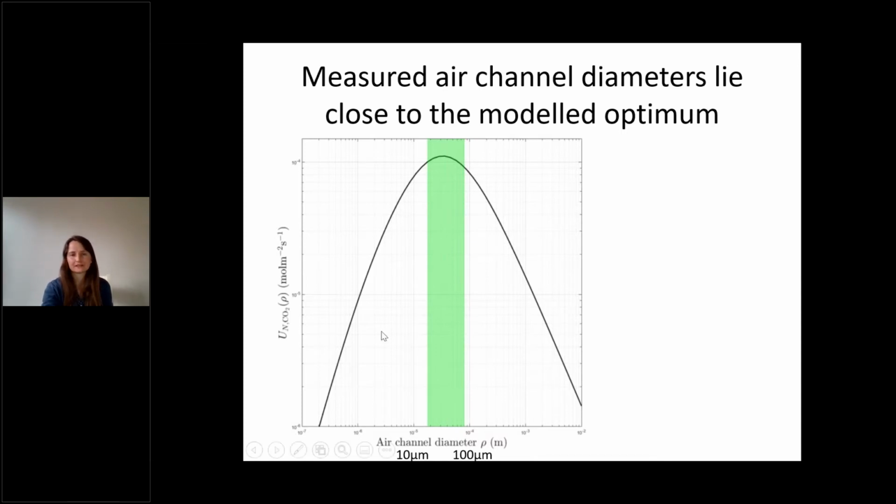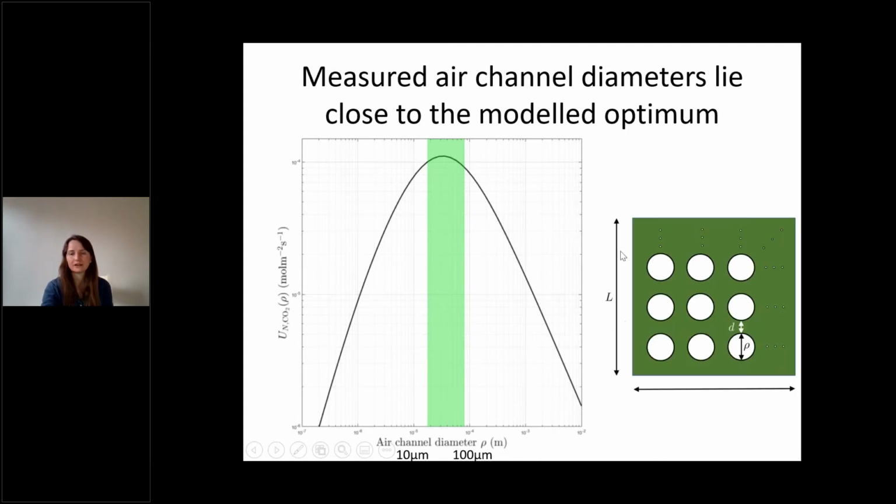So thinking first about just the shape of this curve, and looking back again at this diagram, there is something quite intuitive here. What we're seeing is a trade-off between the number and the size of the air channels in terms of what gives you the biggest surface area for CO2 uptake.